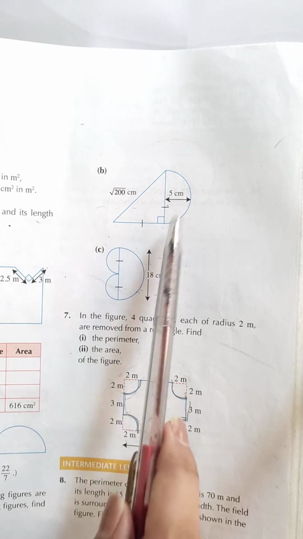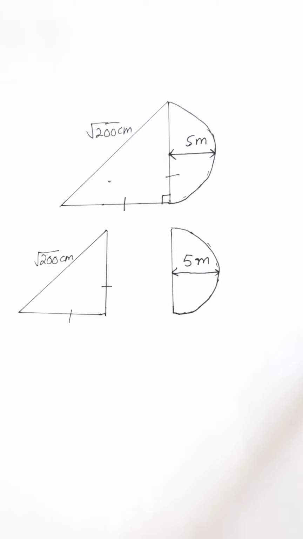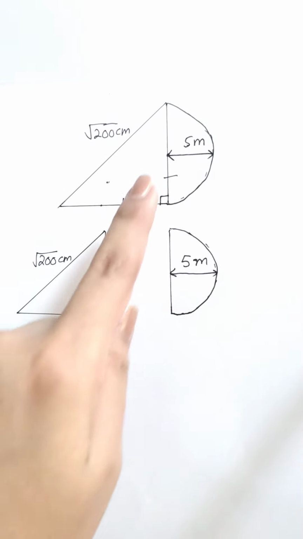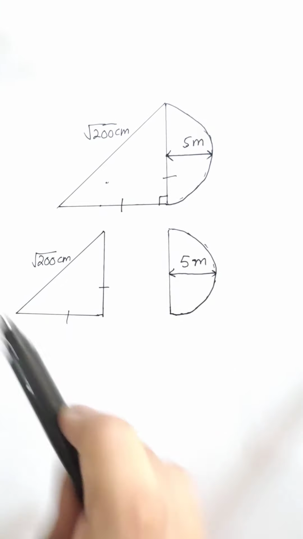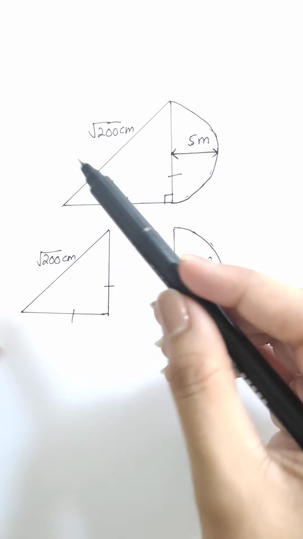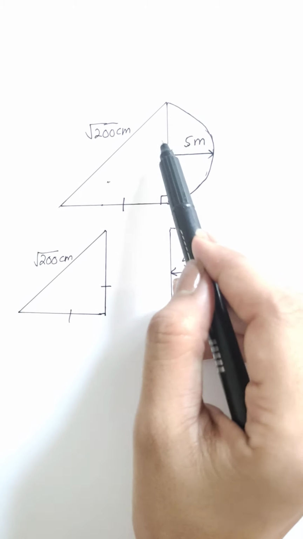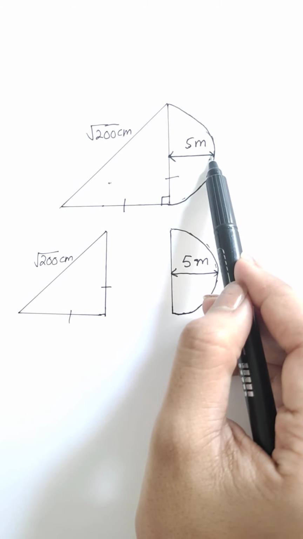So first of all I will draw this picture on my paper. I have drawn this picture on my paper and you can see the given measurements are: the length of this side is under root 200 and the radius is given, which is 5 meter.